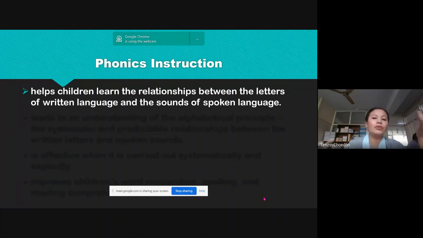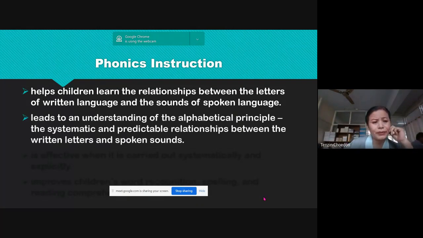It helps children relate the letters they see in print to how they are to be read, the sounds of the spoken language. This leads to an understanding of the alphabetic principle, the systematic and predictable relationship between written letters and spoken sounds.